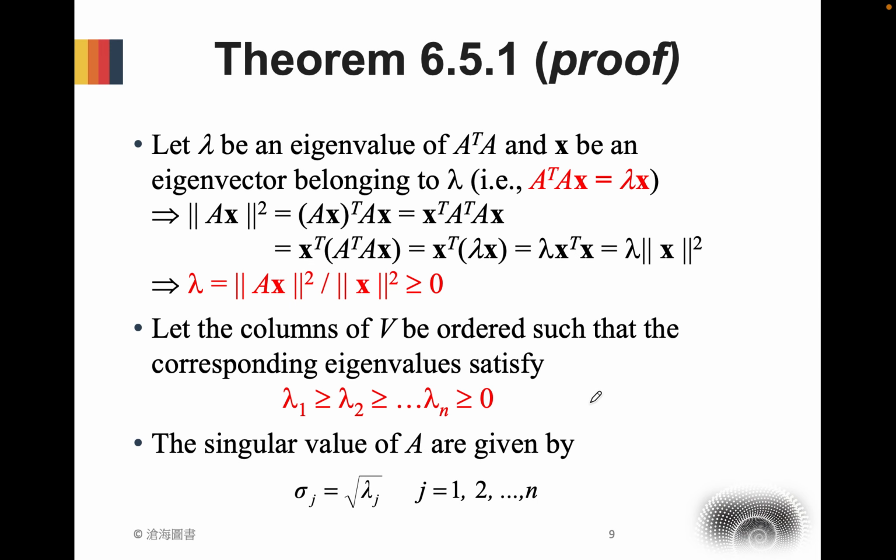Okay, so let lambda be an eigenvalue of A transpose A, and x be an eigenvector belonging to lambda. Let's say A transpose A x is equal to lambda x. Now, if we calculate the square of the norm of Ax, how can we calculate this?